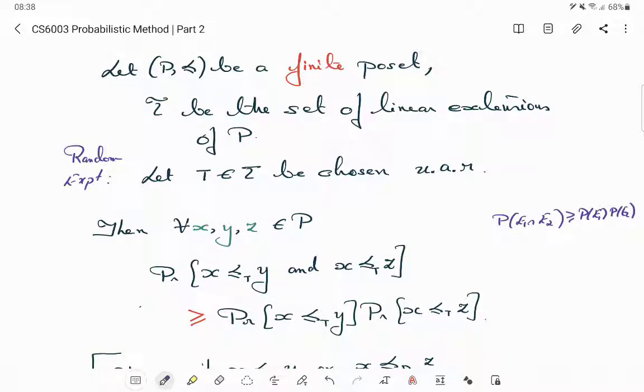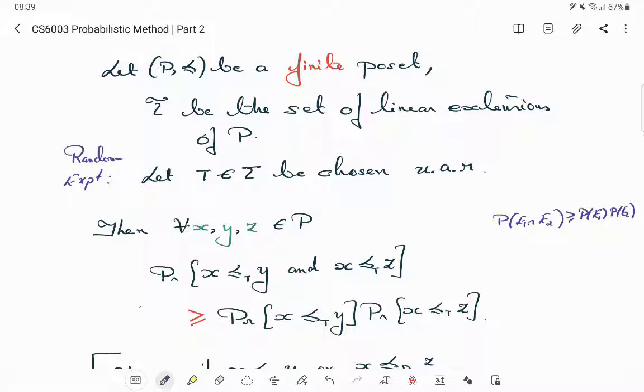So in some sense this is like the Kleitman kind of relation. We are looking for a positive dependence among these two events. We want to show that E1 and E2 are positively dependent. What is E1? E1 is X preceding Y in the total order. E2 is X preceding Z in the total order.